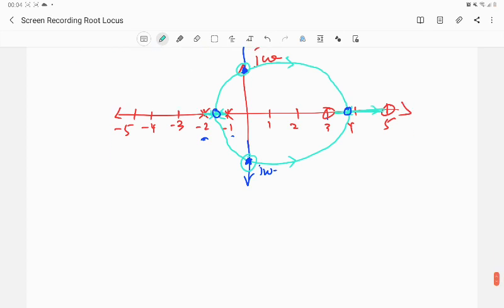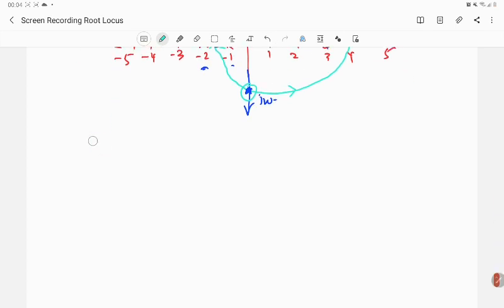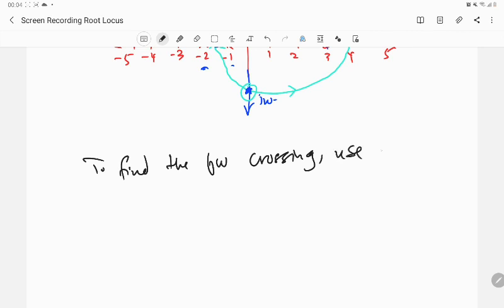Well, to find the j omega axis crossing, you must use the Routh-Hurwitz criteria, as we discussed earlier in unit 5, when we were talking about stability.